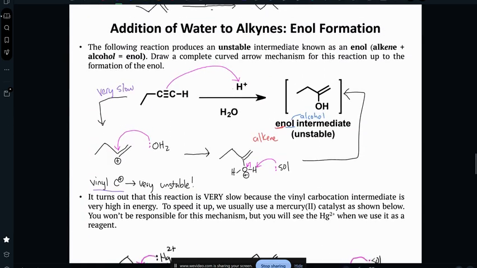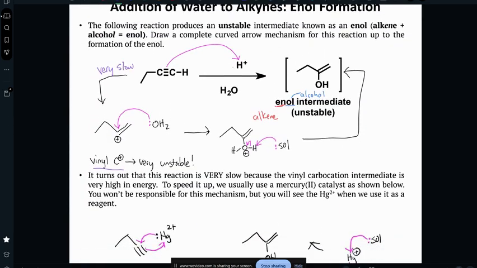So the bottom line I want you to know is that when we carry out this reaction, we will add in mercury 2 plus as a catalyst to speed up that reaction.